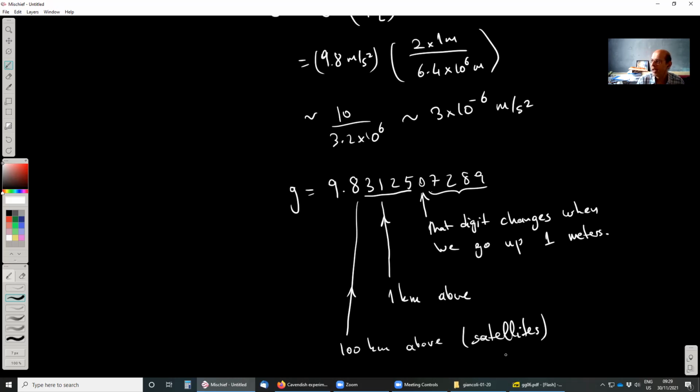So the ISS, I believe, has an altitude, I'm just going to look at this figure in a moment, between 300 kilometers and 400 kilometers. So from this calculation, you can guess that at the location of the ISS, the value of the gravity is more or less the same. It basically changes by about 10% or something like that.